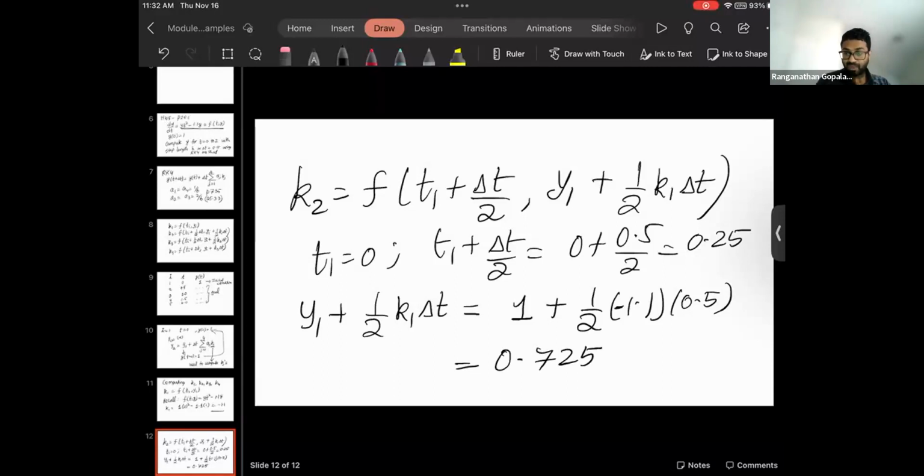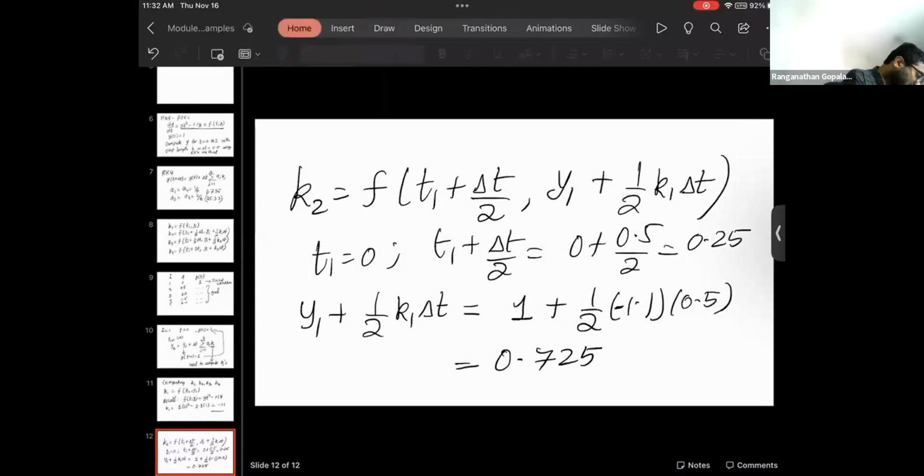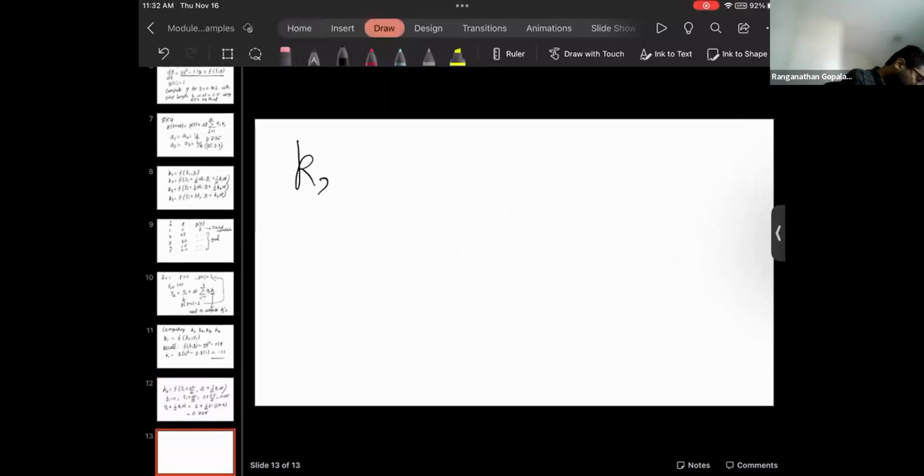So I'm also typing it into my Excel sheet. Okay, maybe that's not too much. I can't do both. So let's just focus on the PowerPoint. All right, 0.725. Others, are you getting this? Okay, I'm going to go with Stephen's value. So K2 is the value of the function evaluated at t equals 0.25, and y equals what? 0.725.